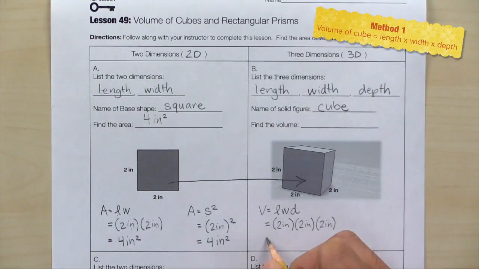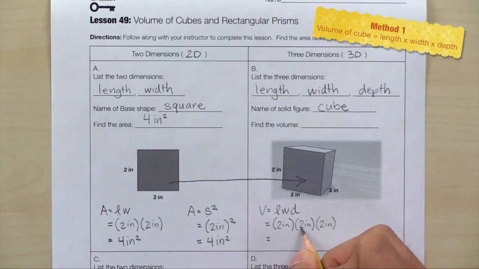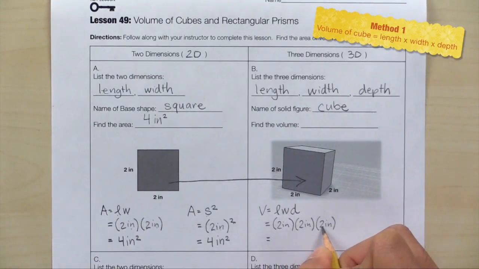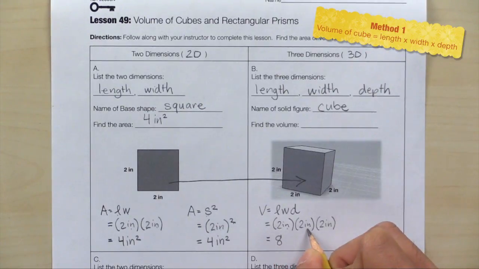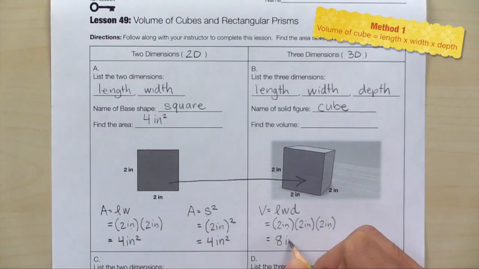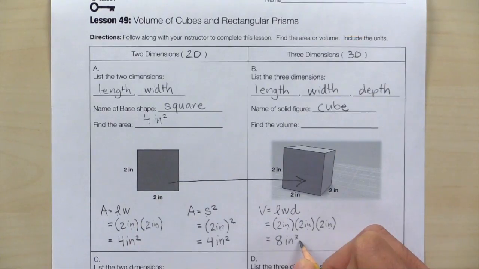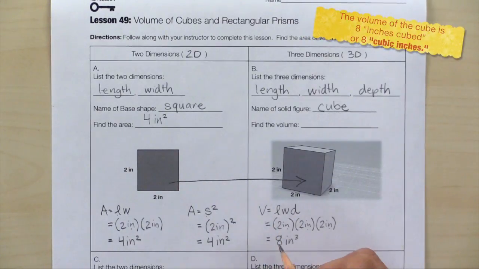Let's simplify. 2 times 2 times 2 is 8. Inches times inches times inches equals inches to the 3rd power, or inches cubed. So our volume is 8 inches cubed, or 8 cubic inches.